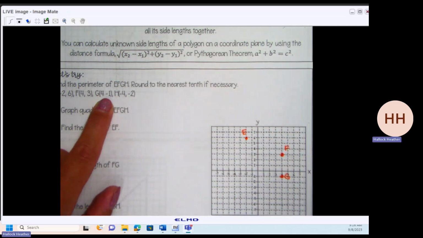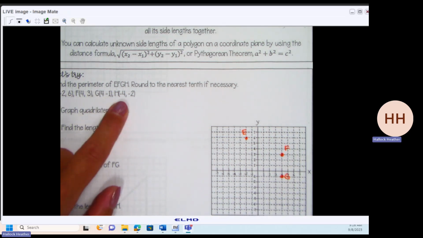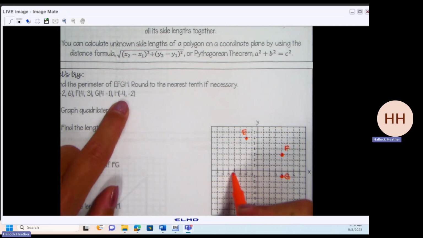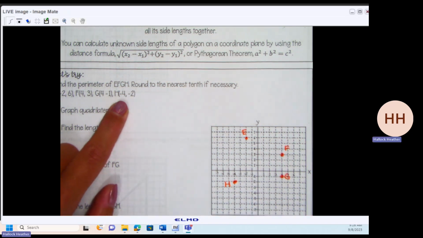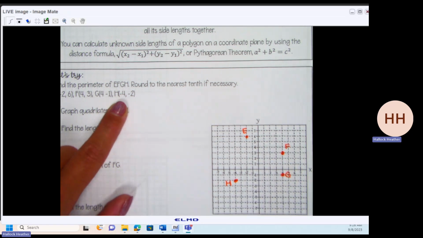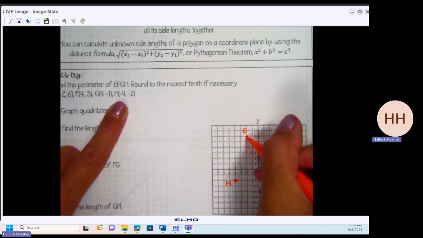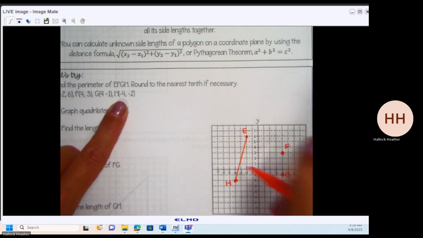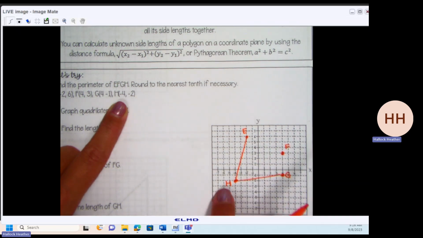That's G. And then the last point is point H, which is (-4, -2), and I'm going to put an H next to that. So once I have my 4 points, it looks a little wonky. It's a little strange, but that's our shape. We're going to connect them to make a shape. This is E, F, G, and H.